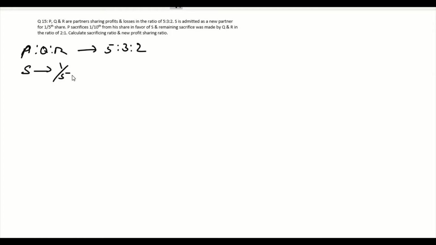Out of which 1/10 is given by P. And the remaining sacrifice is made by Q and R. So we wanted to understand what's the remaining share for S.